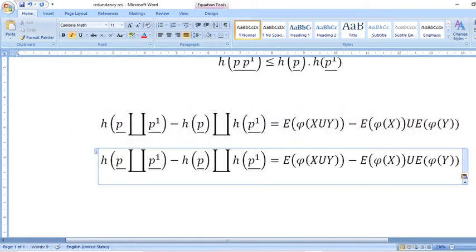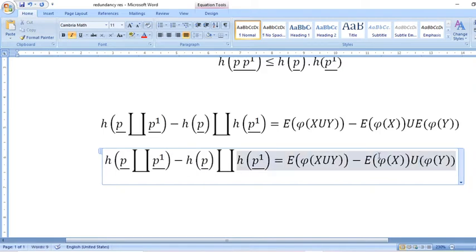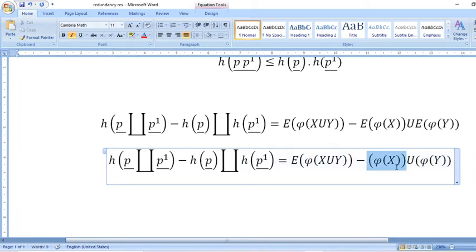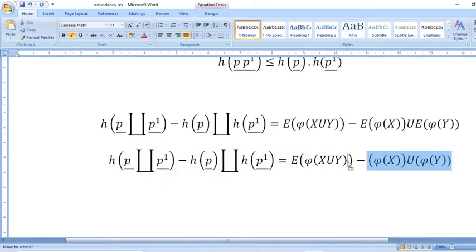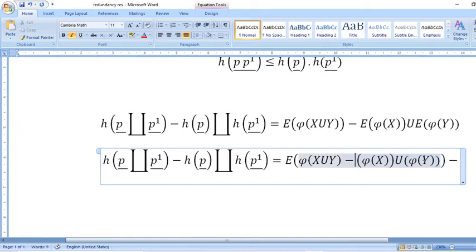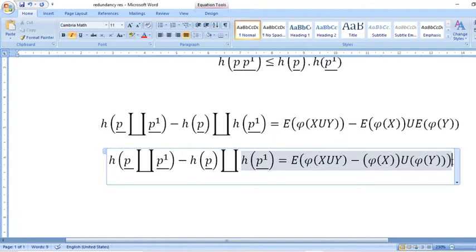This expression can be taken outside. By expectation, this is the second step, that is, we have taken expectation outside, that is expectation of phi of x union y minus phi of x union phi of y.